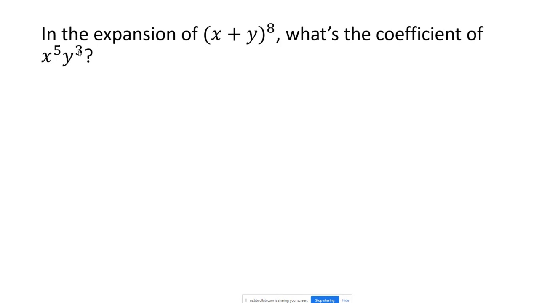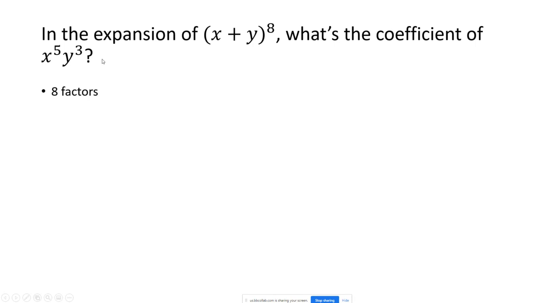So when we add these together, we'll end up with a coefficient of 8 copies of x to the 7th times y. So the idea is, when we do this out, how many copies of x to the 5th times y to the 3rd do we end up with?